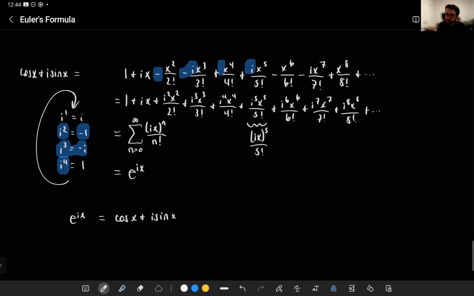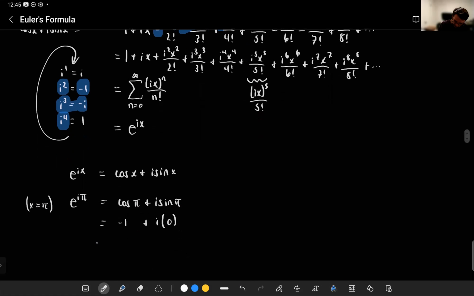And why is this so interesting? It means I can do something like this. I could plug in a value for x. Try x equals pi. Apparently, that is cosine of pi plus i times sine of pi. And cosine of pi is just -1, whereas sine of pi is 0.